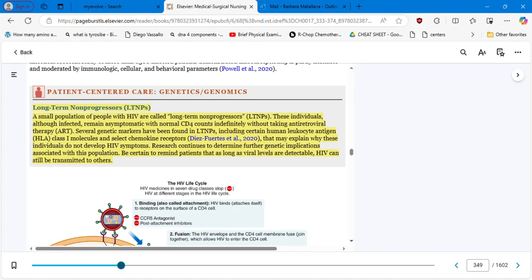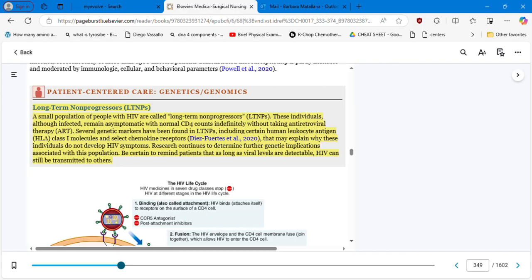Several genetic markers have been found in these long-term non-progressors, including certain human leukocyte antigen, HLA, class 1 molecules, and select chemokine receptors that may explain why these individuals do not develop HIV symptoms.